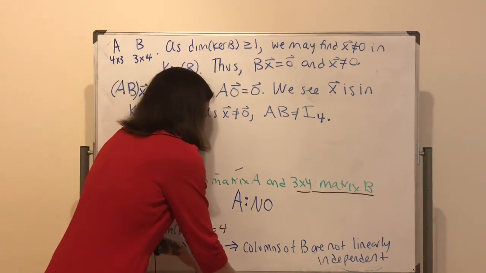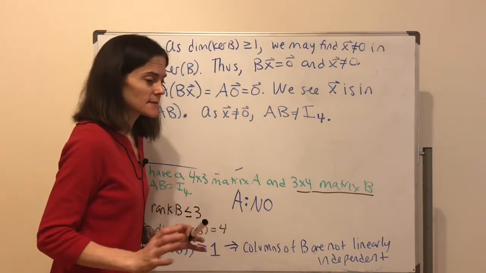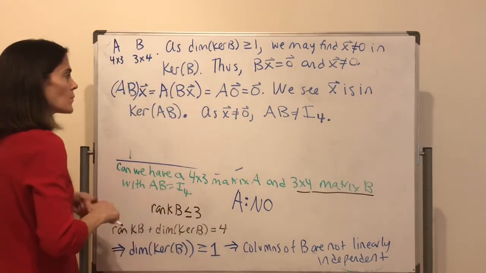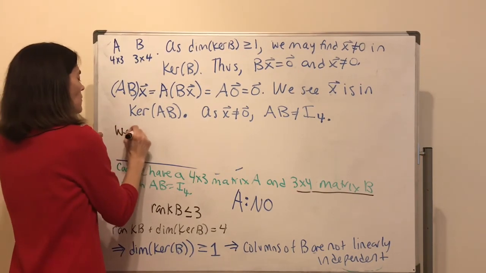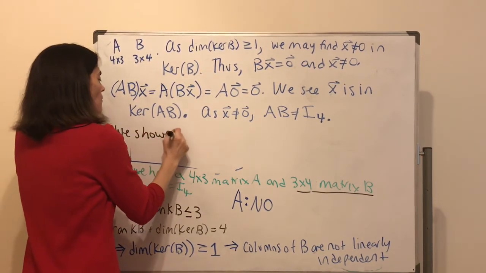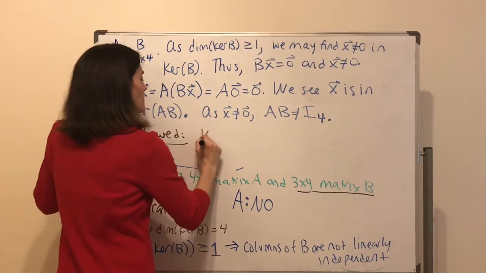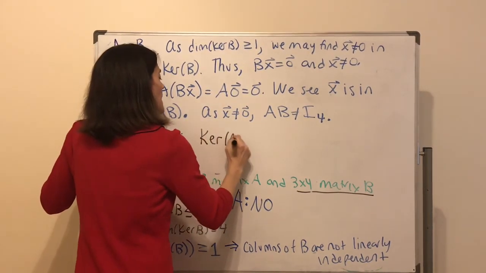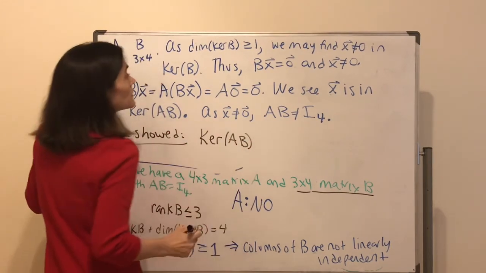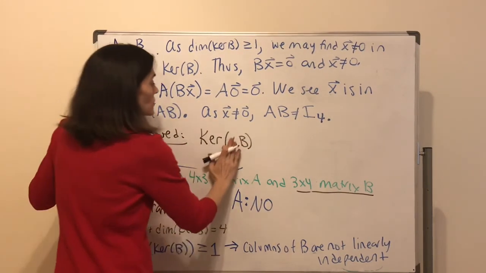And in fact, if you know something about sets, what we showed here, really what we showed is that the kernel of AB, let's see, no, it goes the other way.